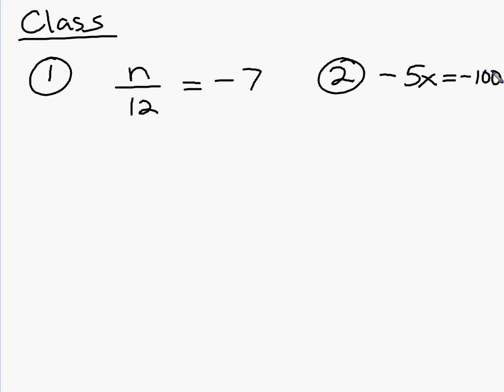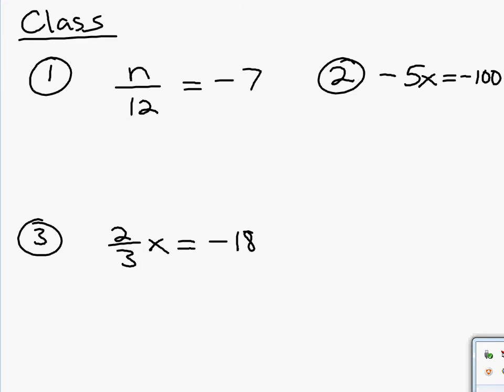There's the second one, and here's the third one. 2/3 x equals -18. I'm going to pause the video, and you should do the same thing if you're doing it at home or on your phone, and try these without my help.